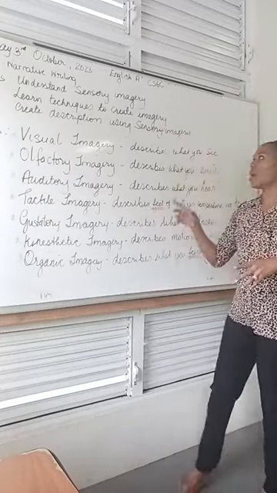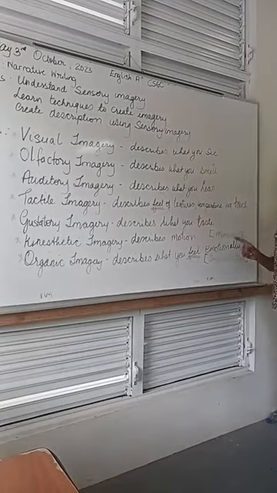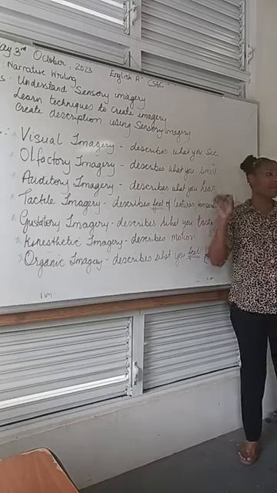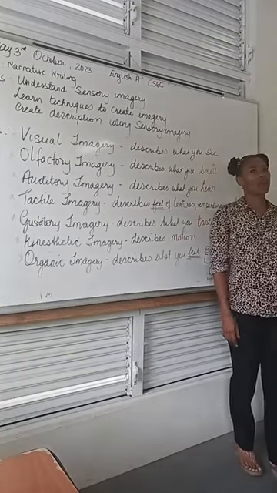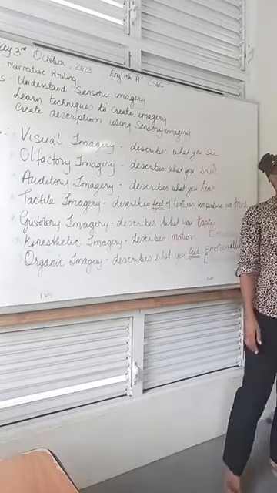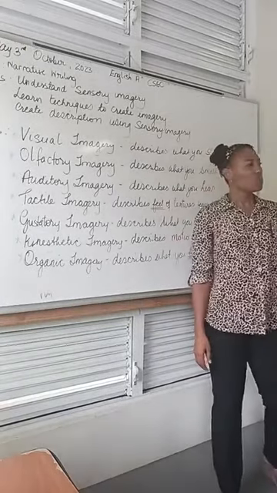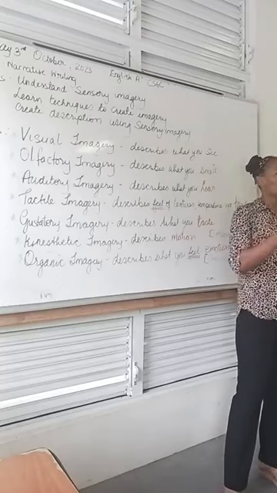So here we have visual imagery. Visual imagery describes what you see, right? So when you're describing the setting, you want to describe all of the things that you see.